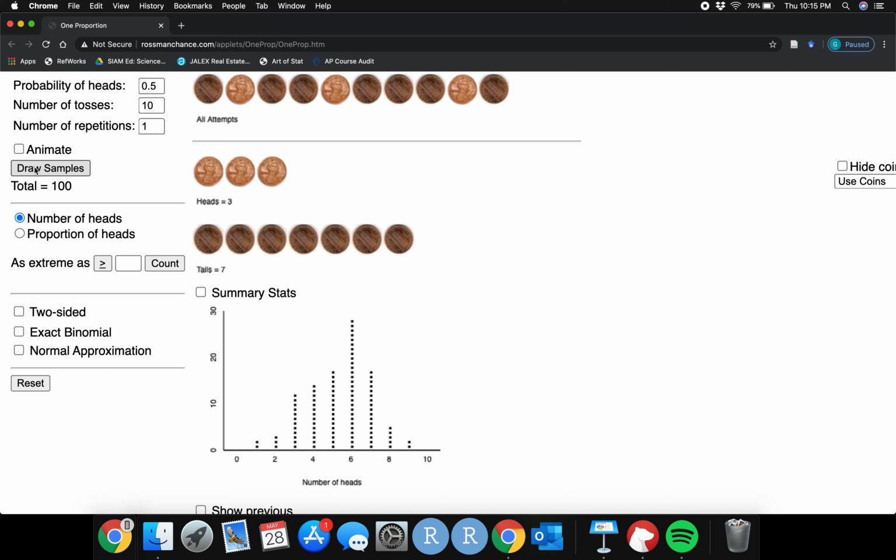It would be very surprising to see a fair coin flipped and get 1 head and 9 tails, or 10 tails and 0 heads. That would be unlikely to happen, but it does happen sometimes. And so you see here that 6 happened most often, and then 5 and 7, then 4, then 3, then lower on the tails.